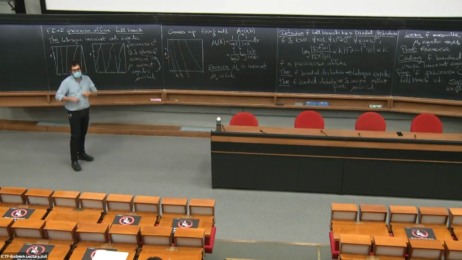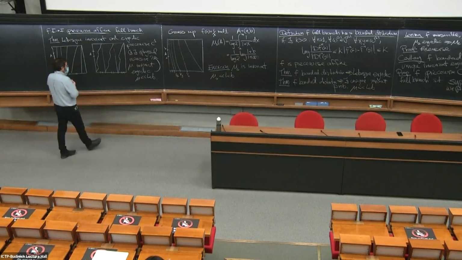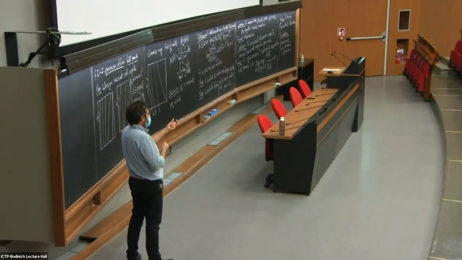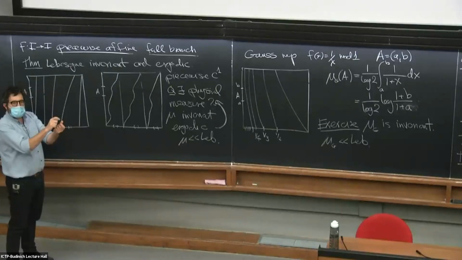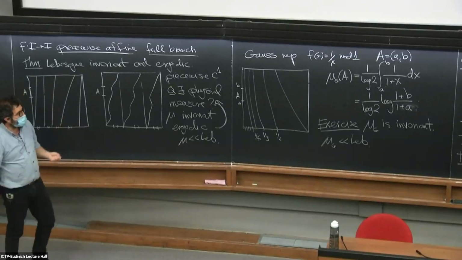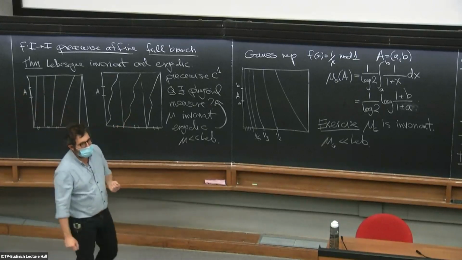I won't have time, unfortunately, to give the formal definition, but for many maps that are not full branch, you can find a set, an interval A, and when you look at the return map to A, you get a full branch. This is called an induced map to some set A. You get a full branch satisfying bounded distortion.